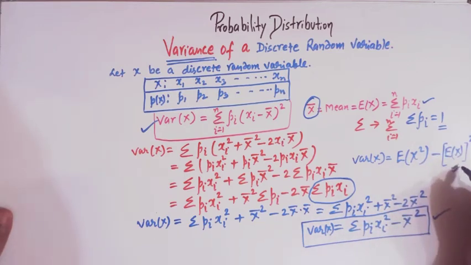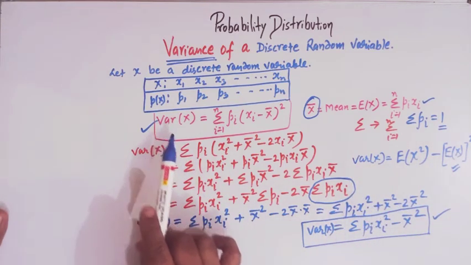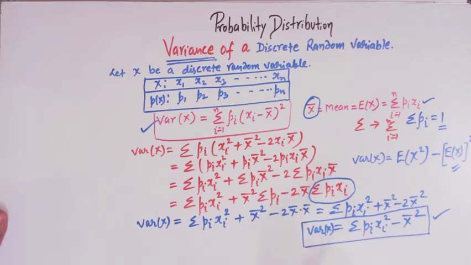So this is another way of expressing the formula for variance of x. So variance of x is sigma of pi xi square minus x bar square, where we can also write i equal to 1 to n. This is the formula for finding out variance of x, and we can solve some problems.